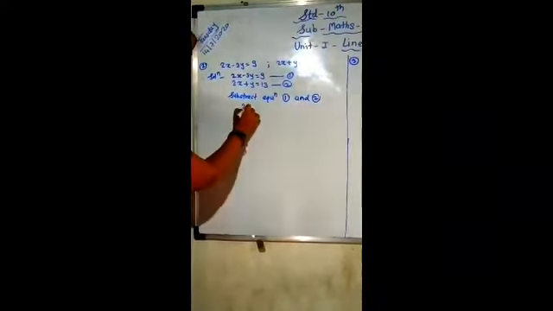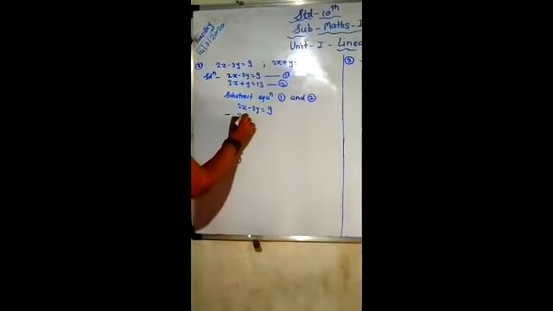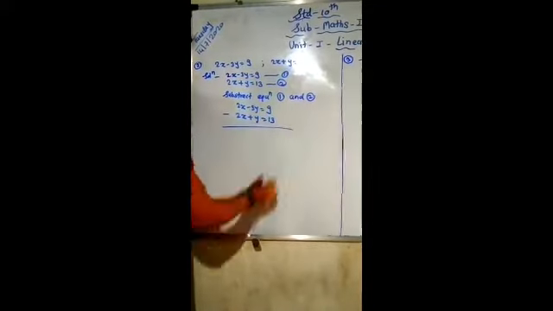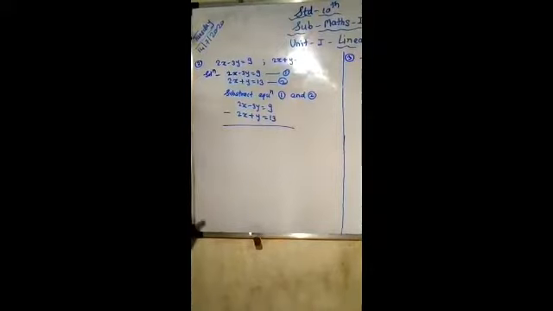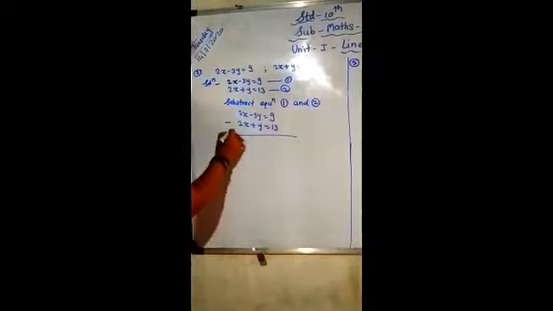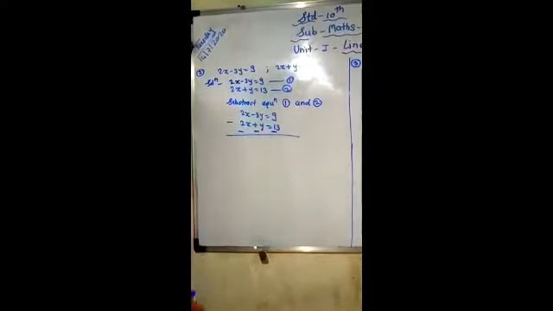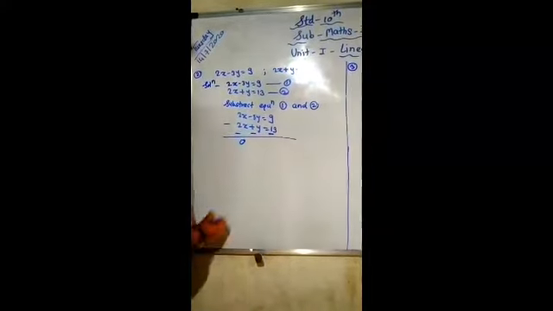2x minus 3y is equal to 9 minus 2x plus y is equal to 13. If coefficients are not equal, then first make them equal and then subtract or add. Here sign changes, minus minus minus. 2x minus 2x is 0.